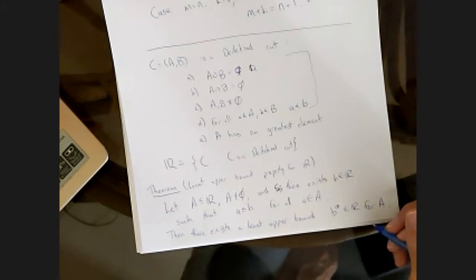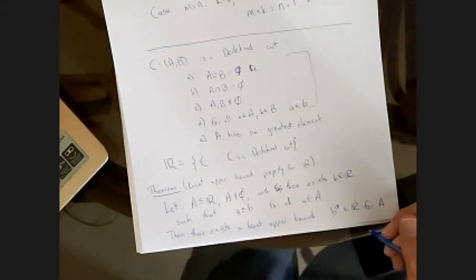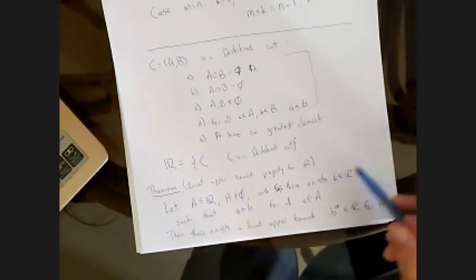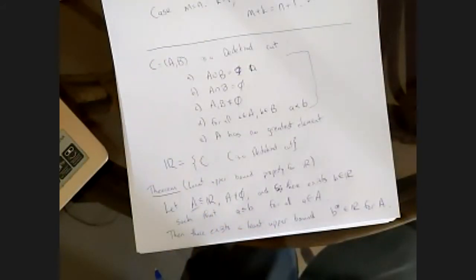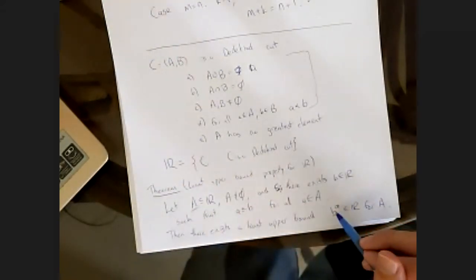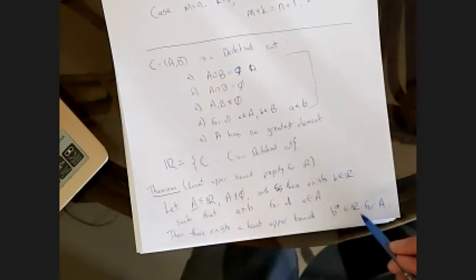Okay, so let's try and prove this. What do we need to do? Well, we take our subset A. We're going to try and define b star. Then we have to prove b star is a real number.